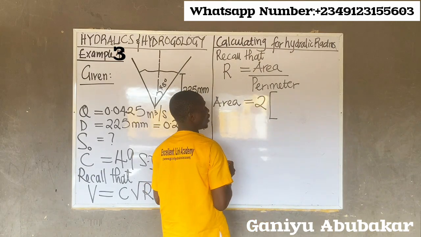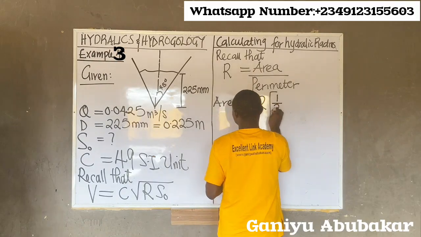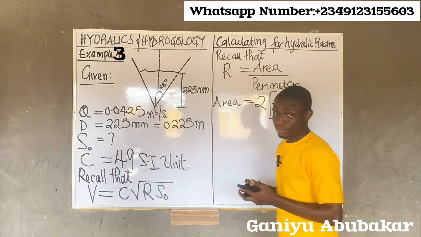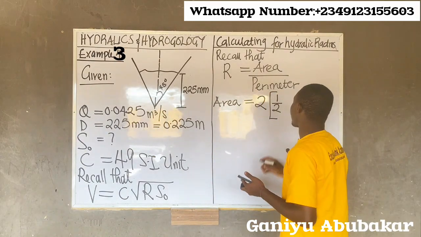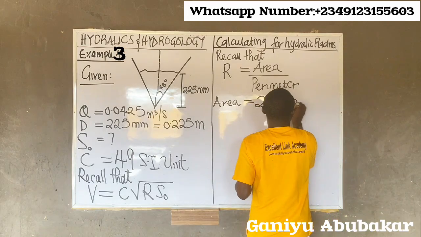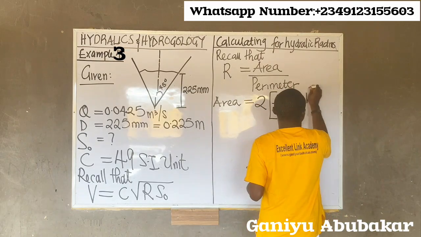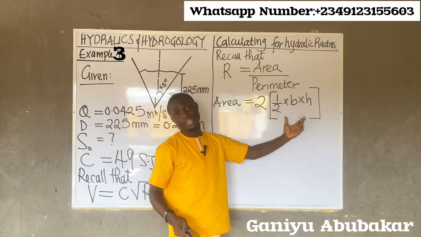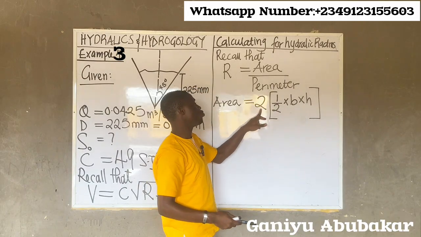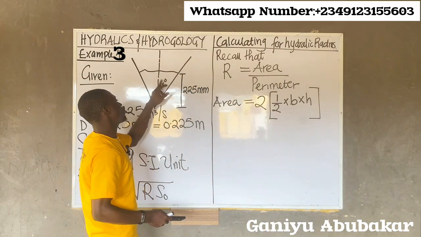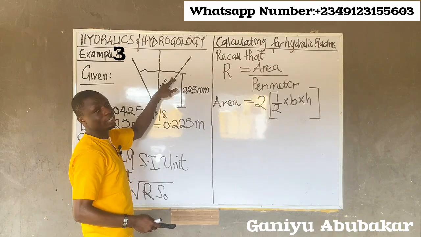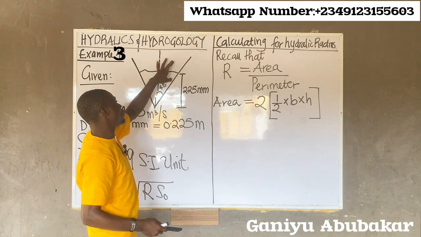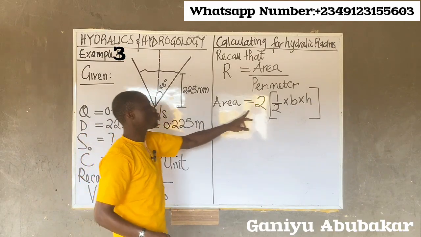What formula for area of a triangle? That's of course half times base times height. All right, I have this formula. This one here is formula for area, right? But this 2 means I have two shapes, two areas here, right? Two triangles, one triangle, two triangles. That gives you 2.